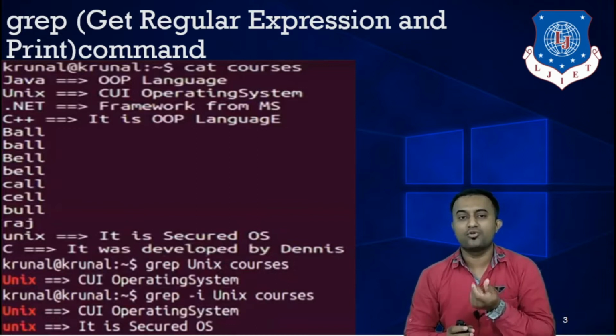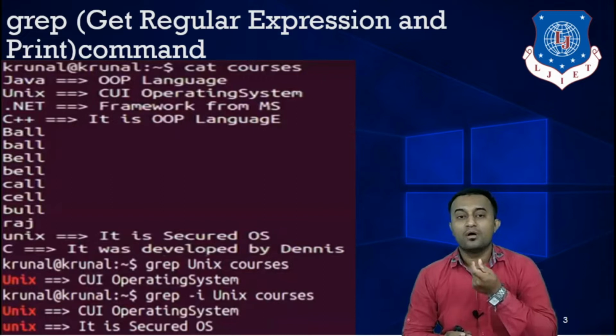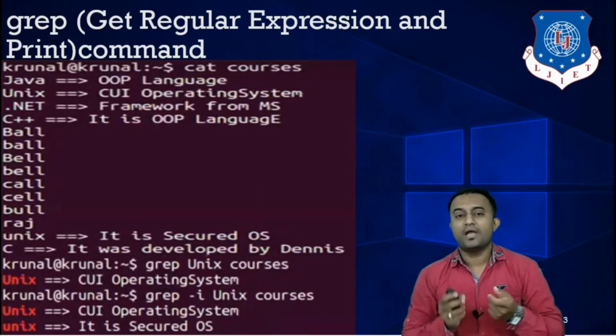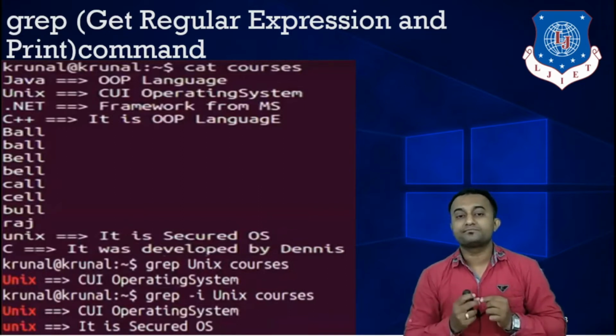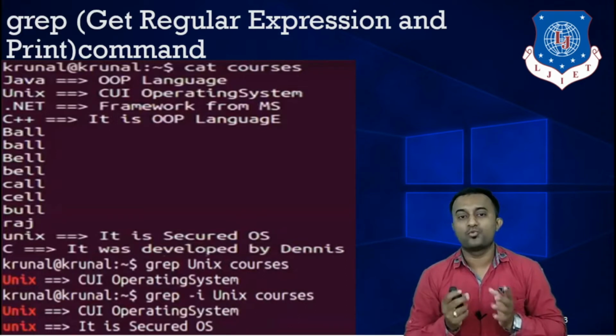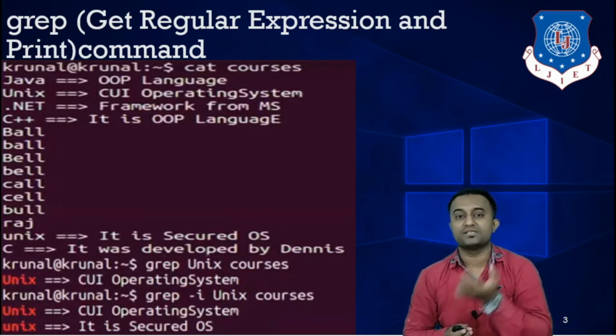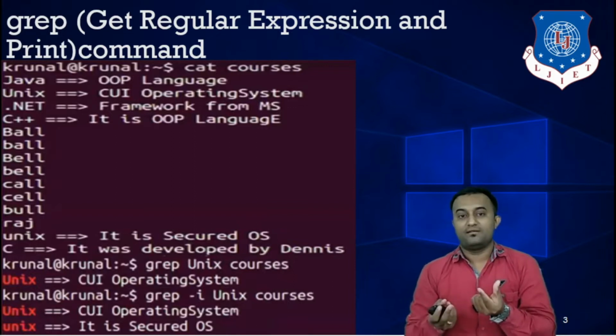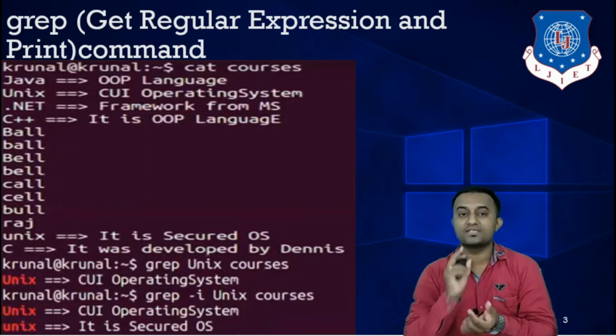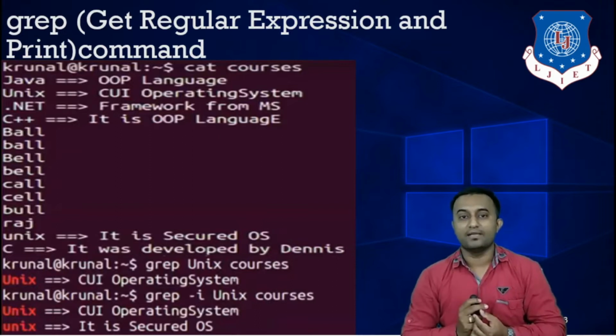This is nothing but one string, or you can say a pattern, that I have to match with my existing file, and according to that I need to display the content on the output console. So grep space Unix space courses means I need to search the pattern Unix from the courses file that I created earlier.